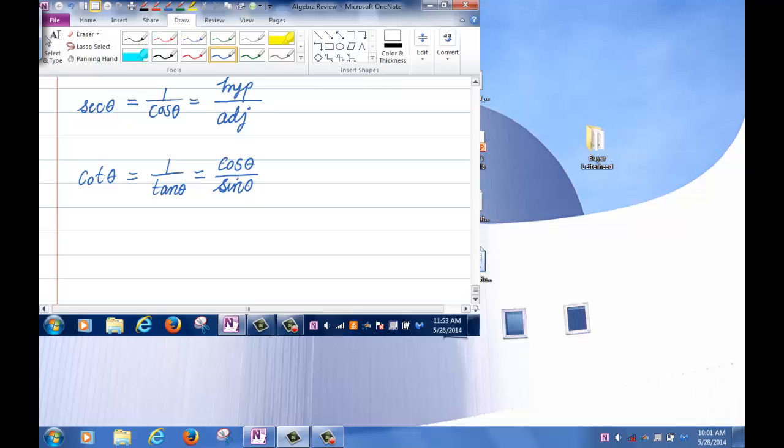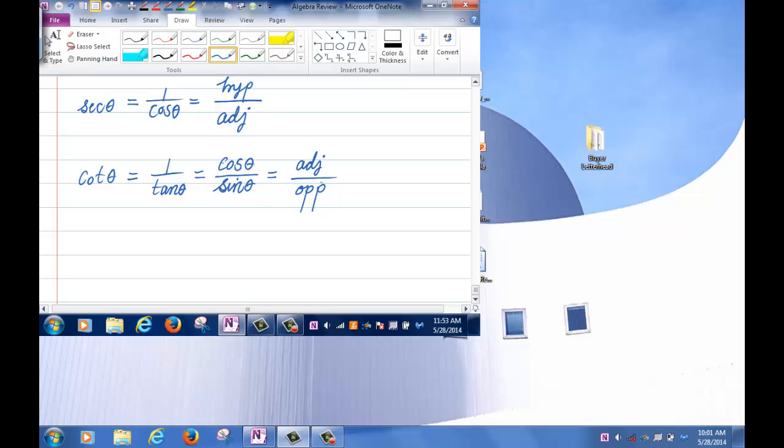And in terms of the sides of the triangle, what do we get? What was tangent? Opposite over adjacent. So cotangent is the reciprocal of that. So it will be adjacent over the opposite. Everybody is okay with that?